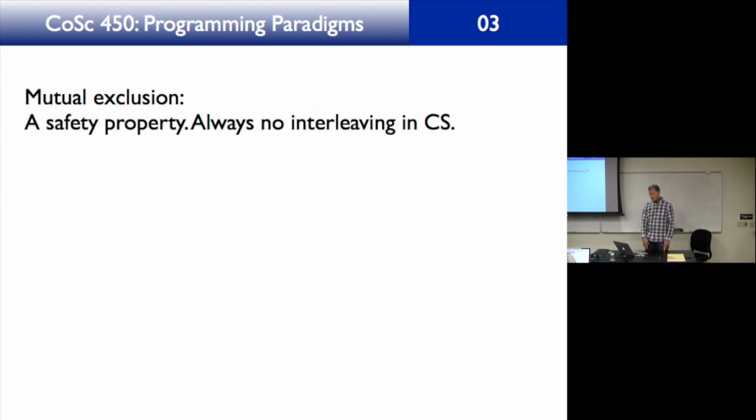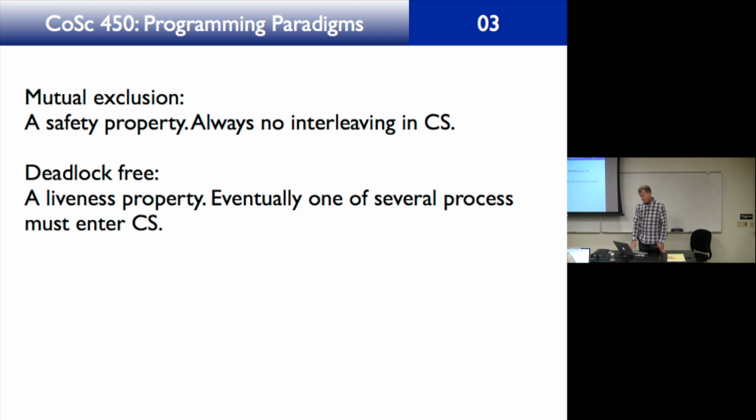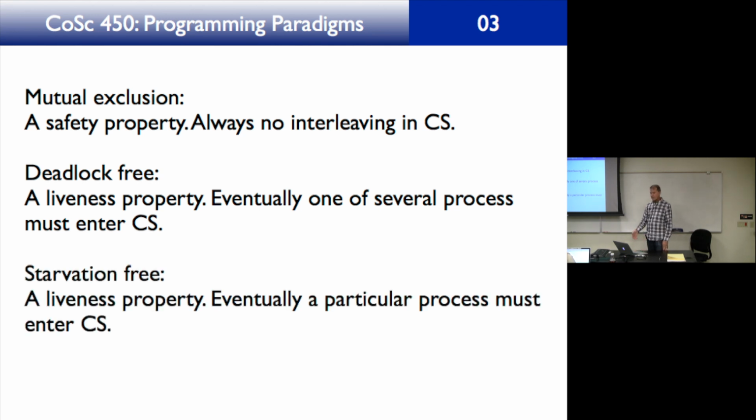And then, which one was the safety and which ones were the liveness? Mutual exclusion is the safety property, deadlock free and starvation free are liveness properties.